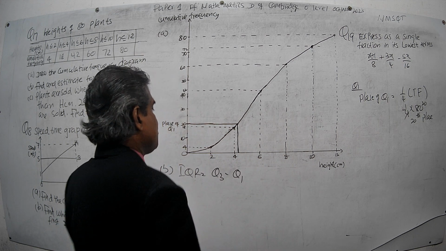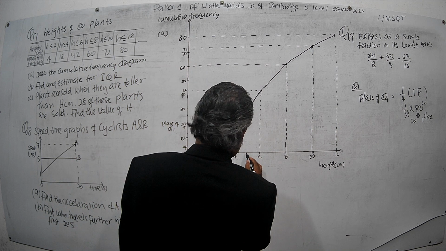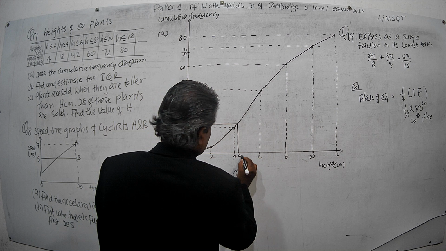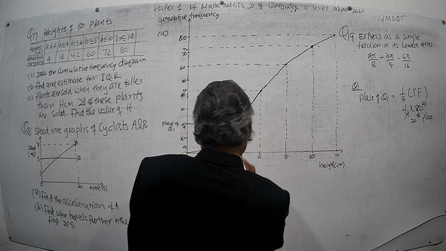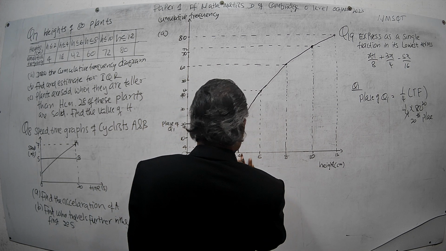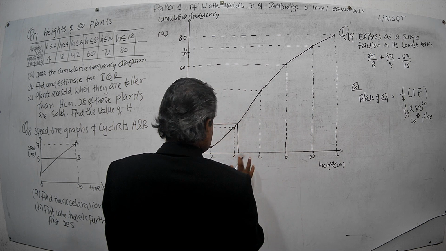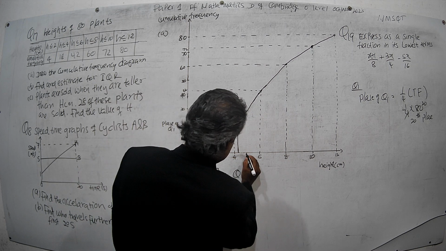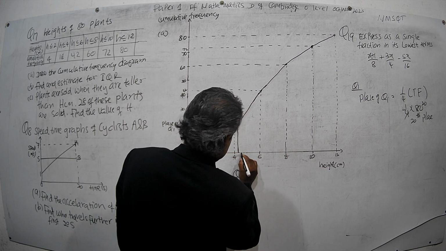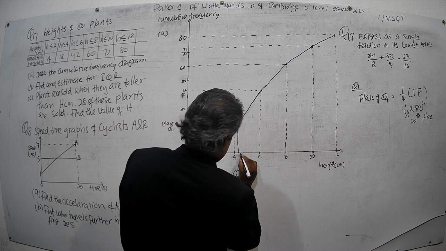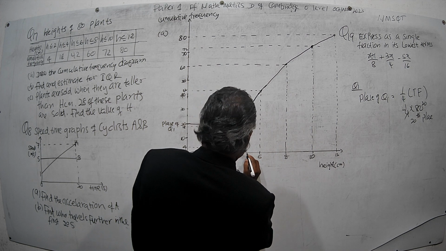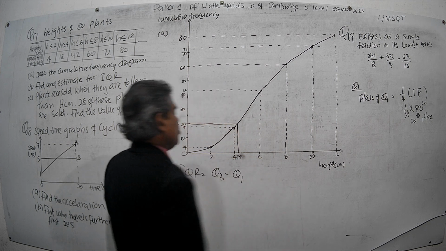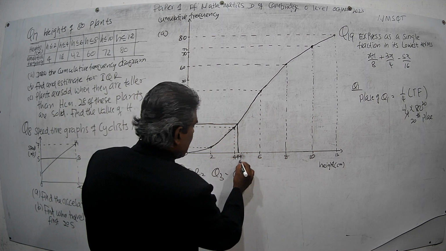It is like 4.4. Sorry, it's here, let's say, like 4.5. This is 5. It is like 4.4. This is what? Q1.